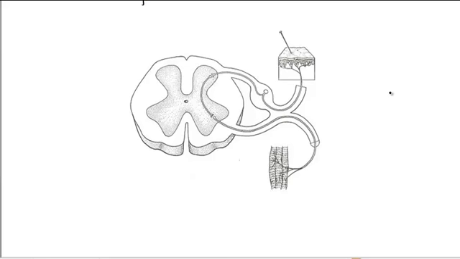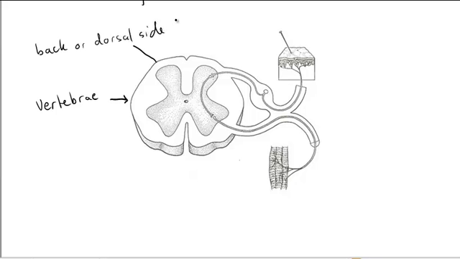And this is a picture or diagram of a reflex arc. What this is, is a cross section or a slice through your vertebrae. And this would be the back or dorsal side.